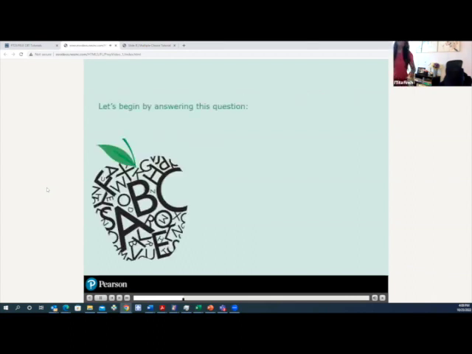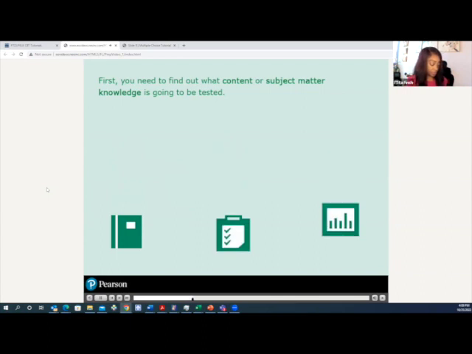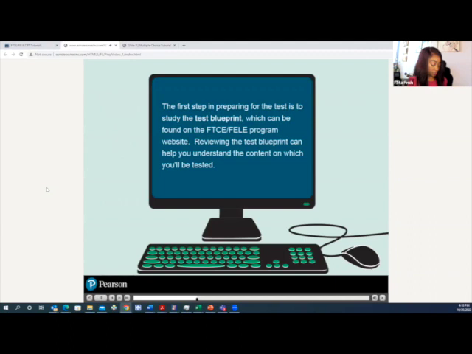Let's begin by answering this question. What's on the test? First, you need to find out what content or subject matter knowledge is going to be tested. The first step in preparing for the test is to study the test blueprint, which can be found on the FTCE/FELE program website. Reviewing the test blueprint can help you understand the content on which you will be tested.